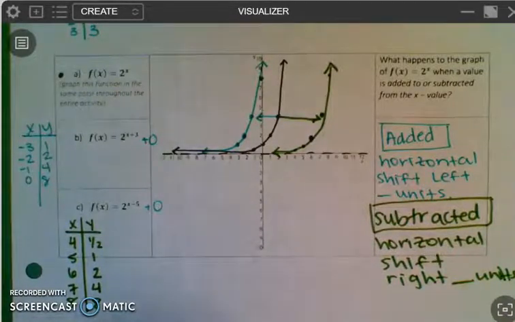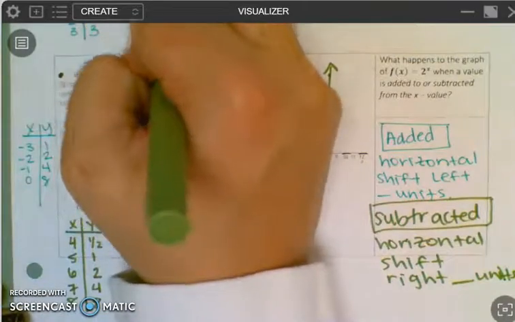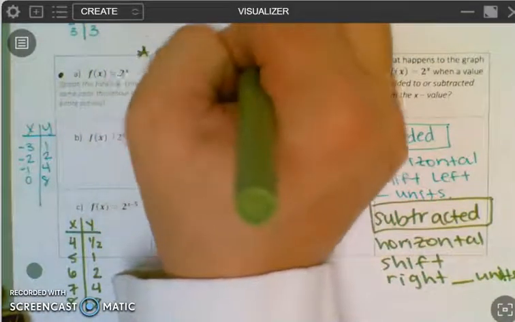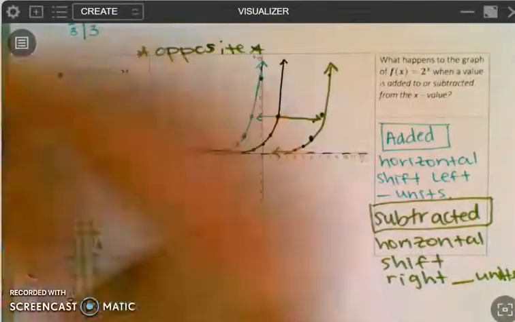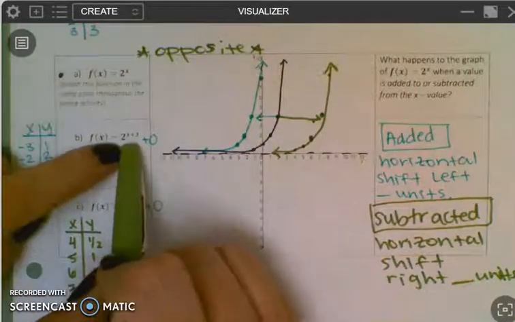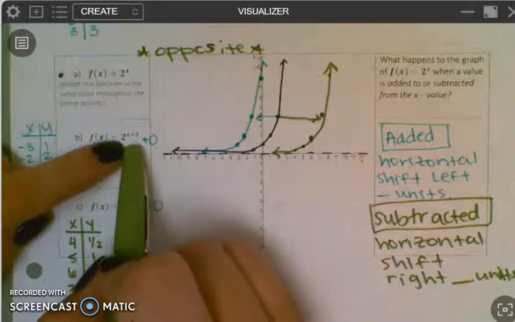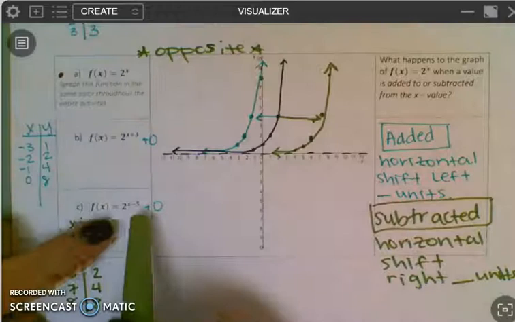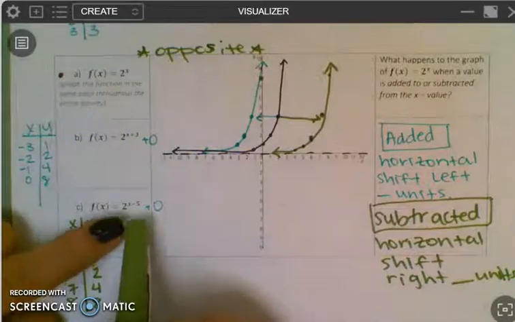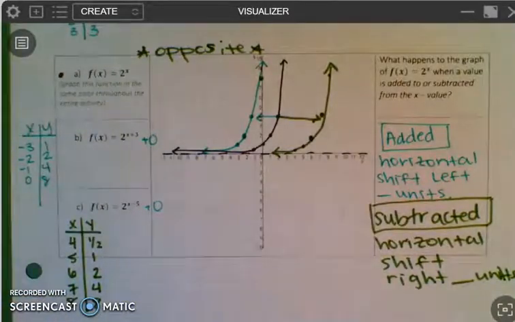So it's opposite of what you think. So if you want to put a little note at the top, it's opposite of what you think. A +3 really means, when you think +3, I think to the right 3 because it's a positive, but it's really to the left. When it says -5, I think left, but -5 really means you're going to the right.